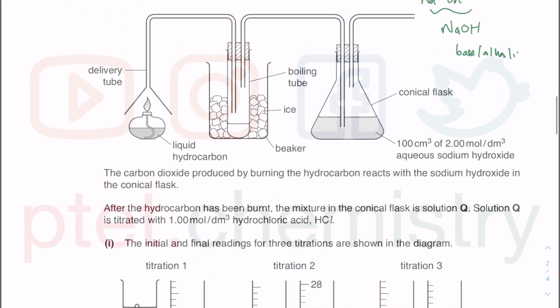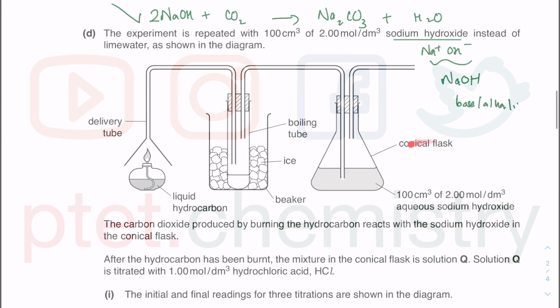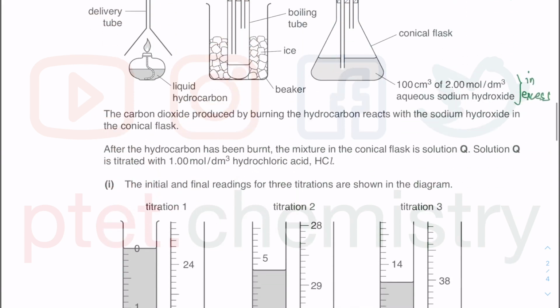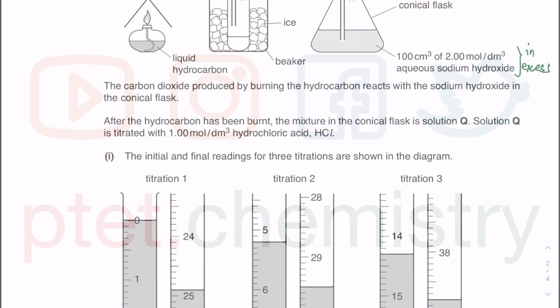The carbon dioxide produced by burning the hydrocarbon reacts with sodium hydroxide. This sodium hydroxide is in excess, and I'll tell you a little bit why it's in excess. After the hydrocarbon has been burned, the mixture in the conical flask is now what you call Q. Q is now titrated with 1 mole per dm3 HCl because Q has remaining unreacted NaOH.